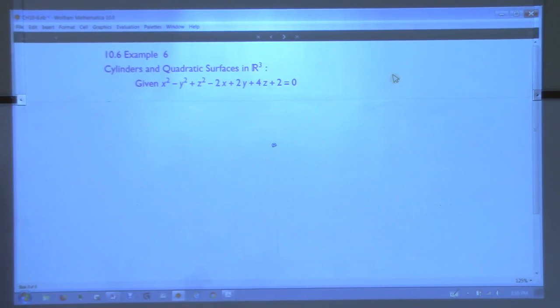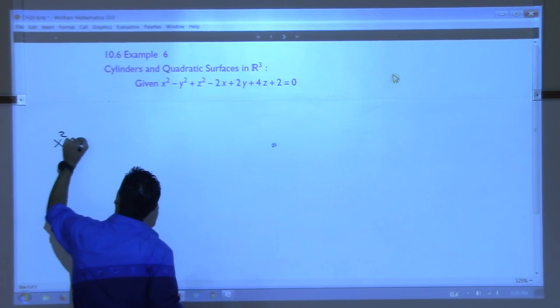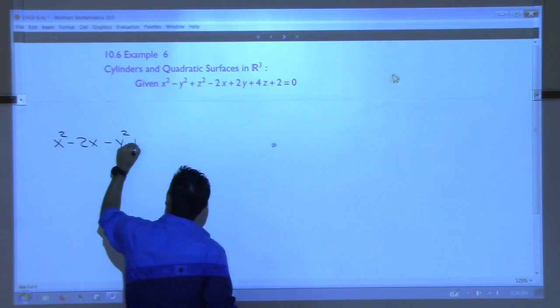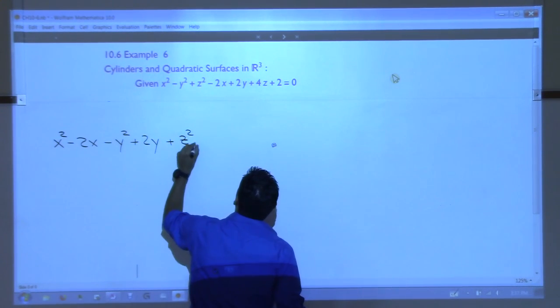You have all 3 variables and they're all squared, but then you also have x, y, and z all linear. None of these look like that. So any ideas on what we're going to have to do? We're going to group them by variable, and then what? Complete the square. Yep.